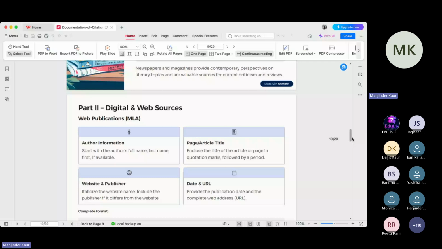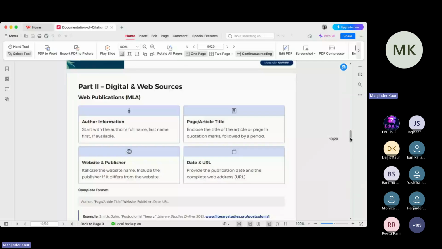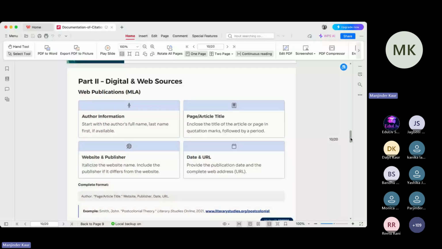In times of AI, artificial intelligence, and web sources playing a major role, we also should be familiar how to cite a web article, URL, date of access, website, publisher, everything we need to be very careful.